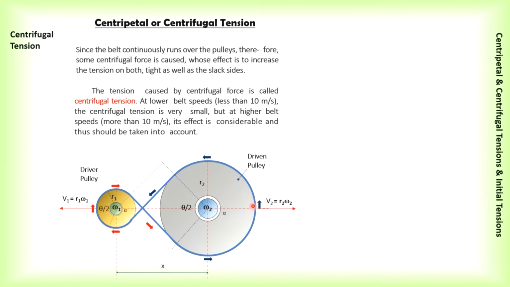You assume a very small portion of the belt, which consists of a mass m of belt. It produces a quite considerable pulling force, which is acting outwards.